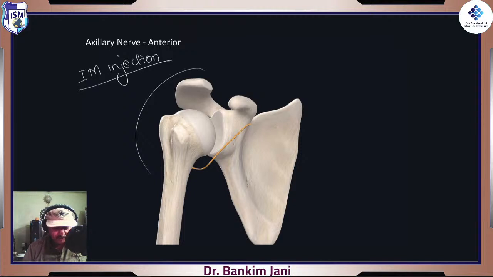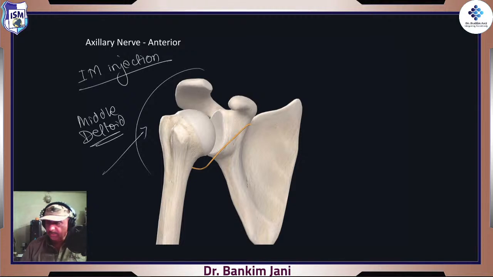So always give the injection into the middle deltoid. When you give the injection into the middle deltoid, the chances of injury become minimal. That's the reason the muscle is held like this, and then the injection goes.